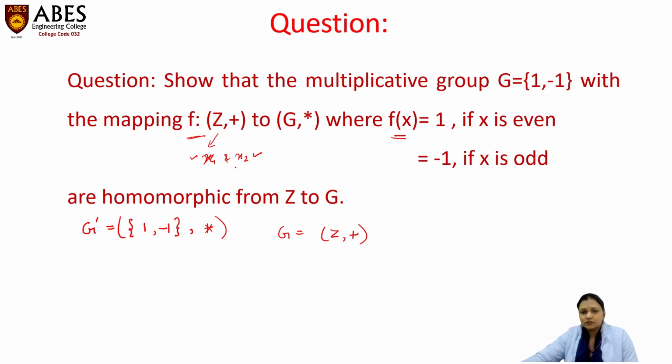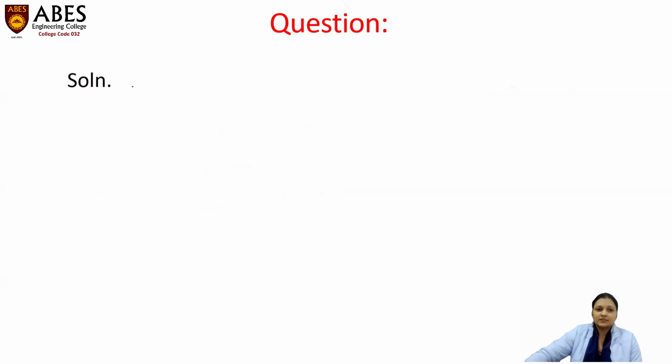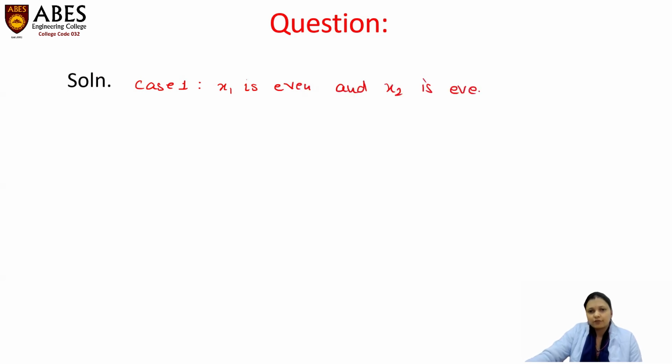So we will solve this question using these cases. The first case is case 1, where the integers considered are both even. x1 is even and x2 is even. So we check the condition: f(x1 + x2) should be equal to f(x1) star f(x2).